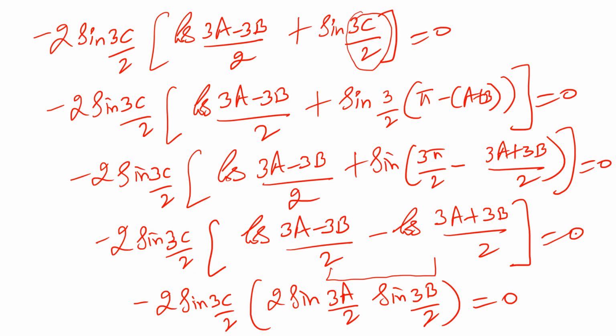Now students, from here what are we getting? The product of these three sines is 0. What does this indicate? It indicates either of them is 0, or I can say at least one of them must be 0.